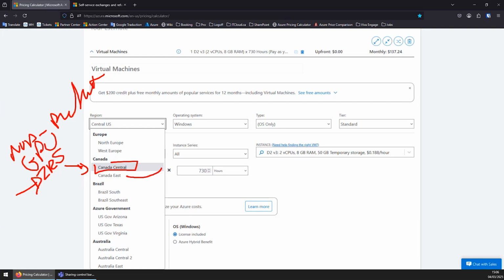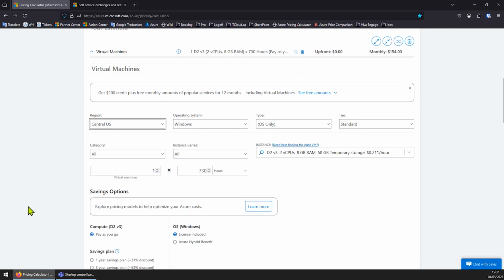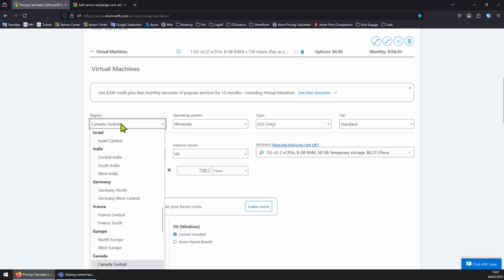Otherwise both are identical, except Central has three more regions. So let's select Canada East. And just for your information, the prices are regularized between both. I mean, it will be the same price for exactly the same service and server.